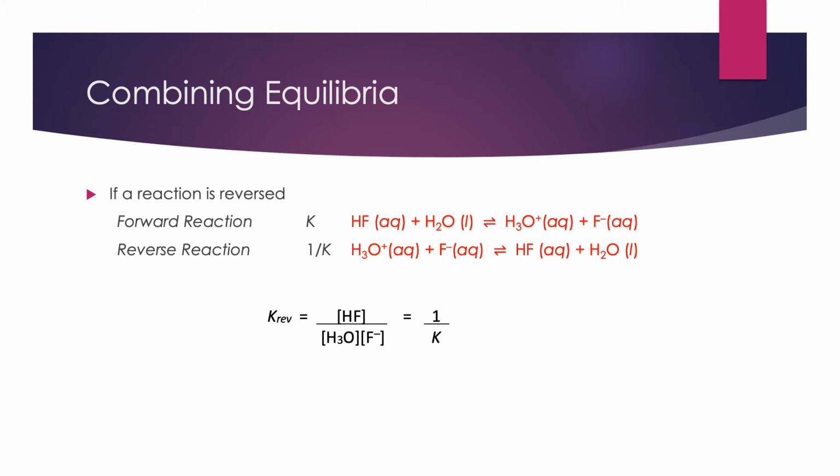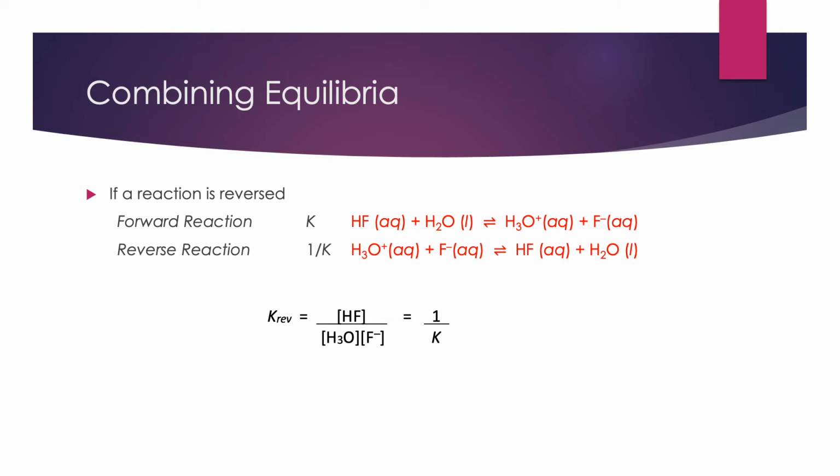Now, what happens if we reverse a reaction? So let's suppose we take that hydrogen fluoride acid dissociation equilibrium, and I'll just call its equilibrium constant K now, and I just reverse the reaction. So I say I'm going to put fluoride ions in with some hydronium ions, and they're going to come into equilibrium with water and undissociated HF. Well, when I reverse that reaction, I basically turn the equilibrium constant expression upside down.